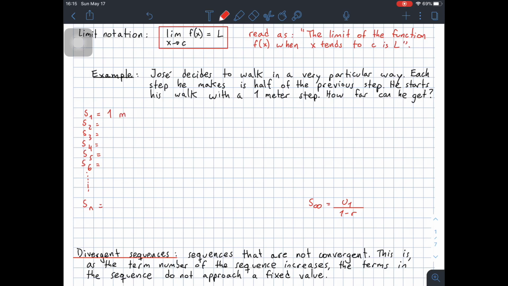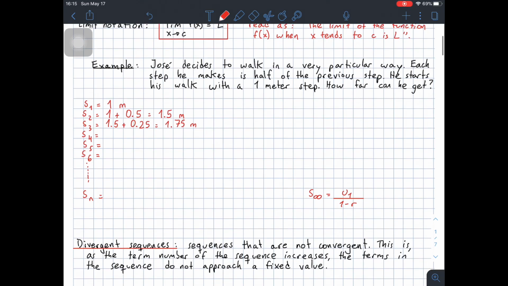Then S2: I walk 1 meter as the first step, then half of it for the second step, which is 0.5. So the total distance covered is right now 1.5 meters. Then I'm going to find S3, which would be the previous sum plus half of 0.5, which is 0.25. This would be 1.75 meters.